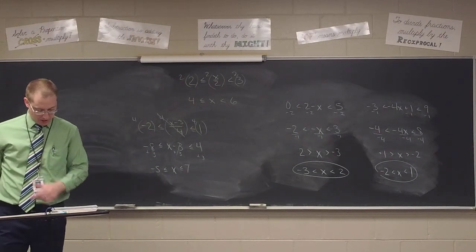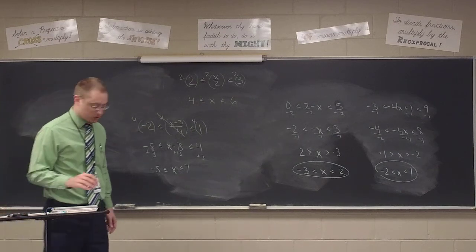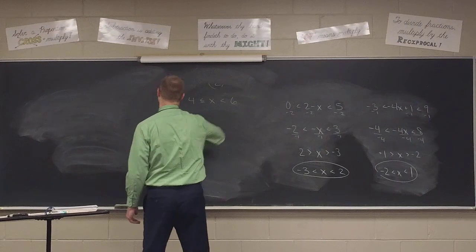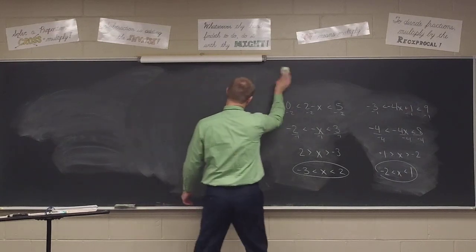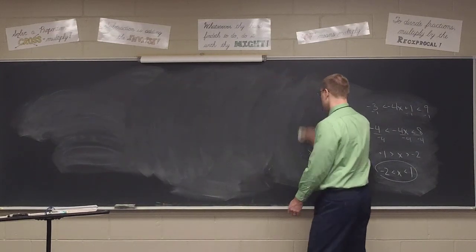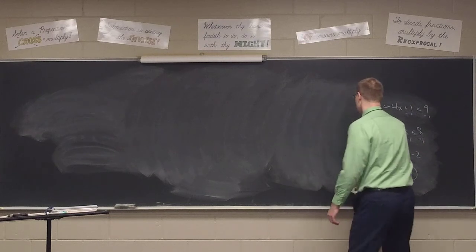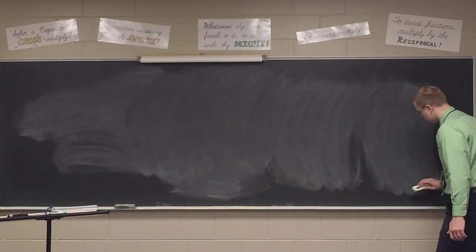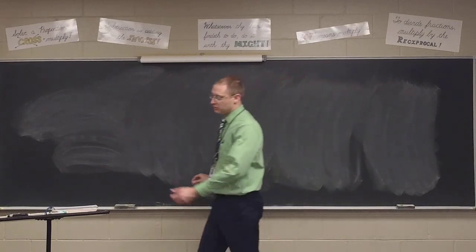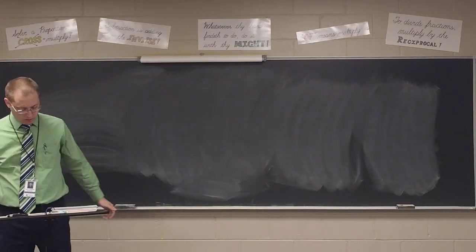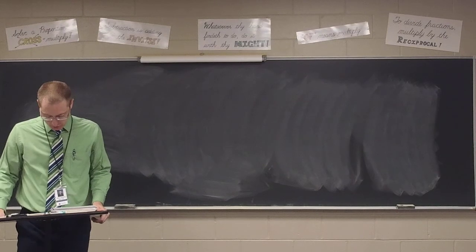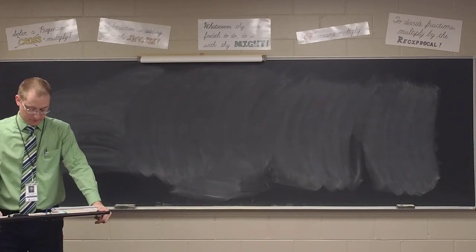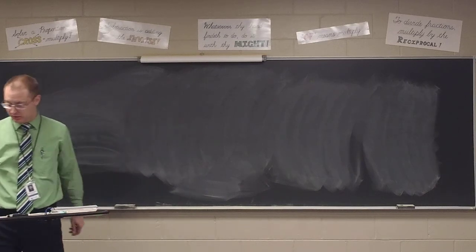All right, do number 24 at your seats. Multiply the 4, then subtract the 1, then divide the 3. So 3 steps.